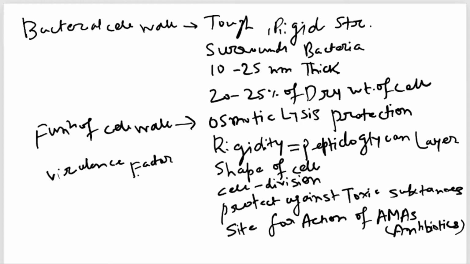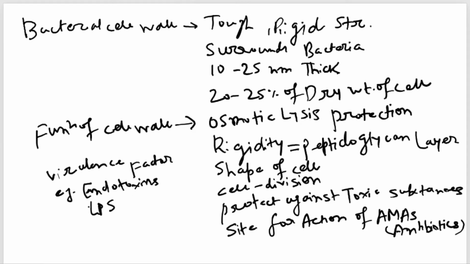You can say a virulence factor is a disease causing factor in the bacteria, and this is actually because of the presence of certain structures on the cell wall of the bacteria. Examples of virulence factors are endotoxins. One of them is LPS. LPS stands for lipopolysaccharide, and endotoxins. These are a few examples of virulence factors.